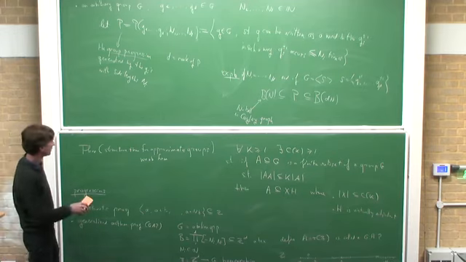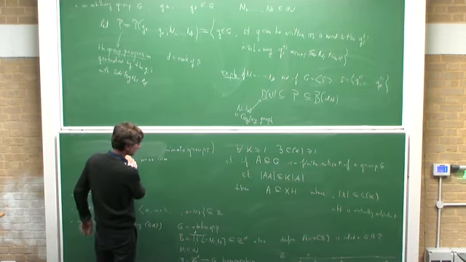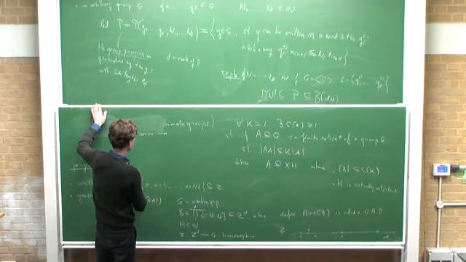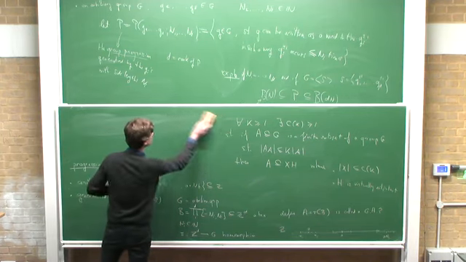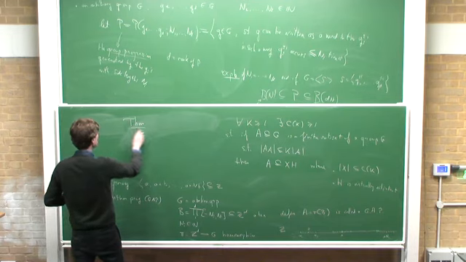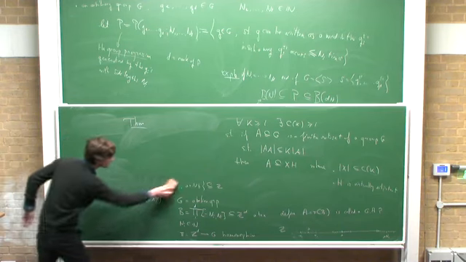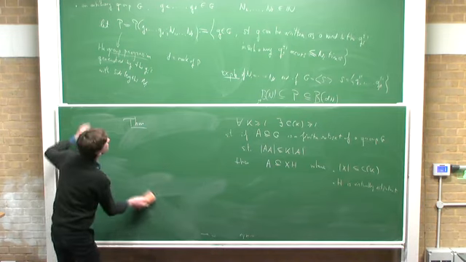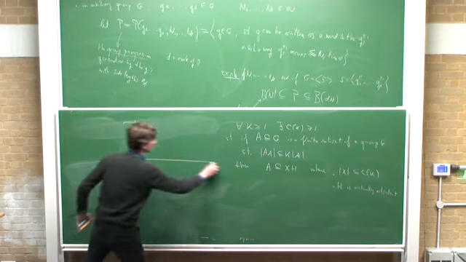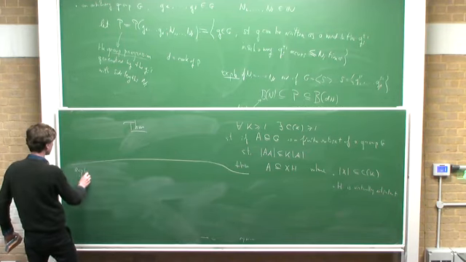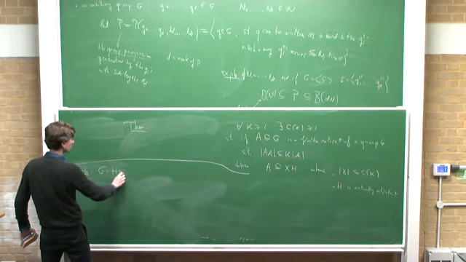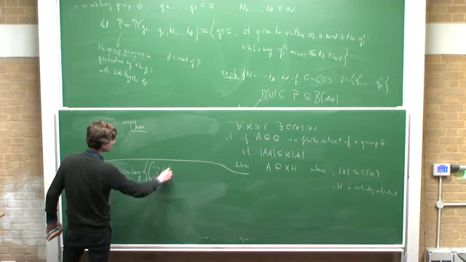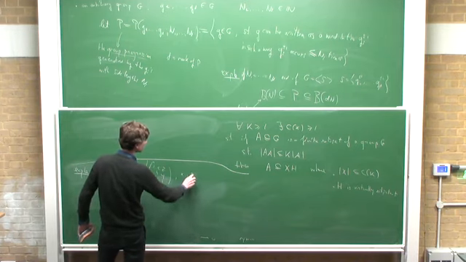So, for example, another example, if you take G to be the Heisenberg group, the nilpotent group of matrices with entries x, y, z that are integers.